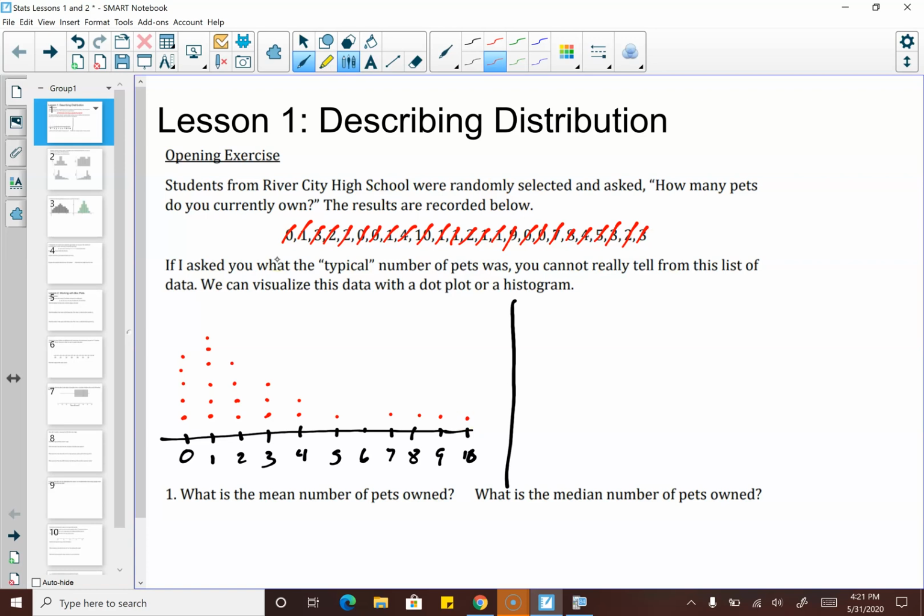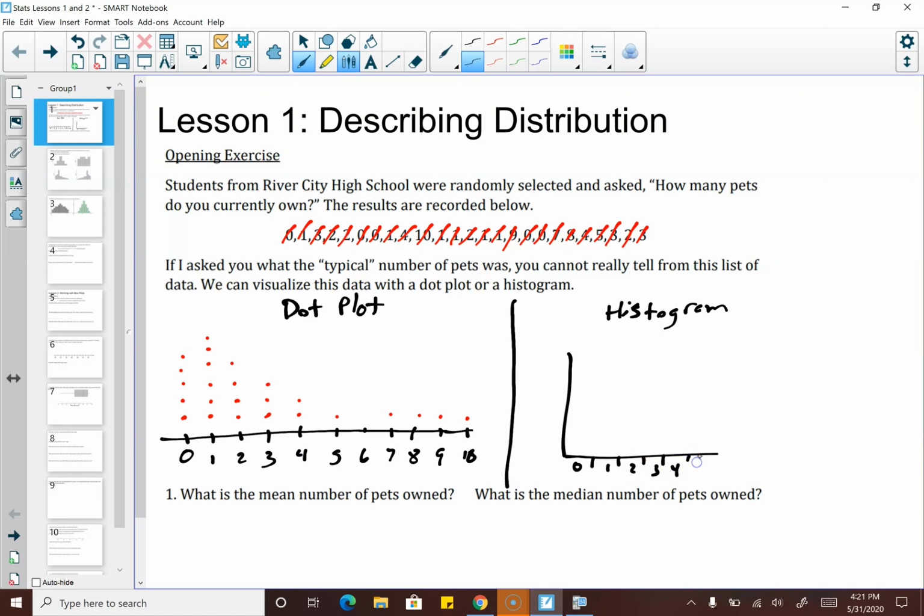Now a histogram, okay, and let's label this actually. So there's our dot plot. And then our histogram is pretty similar in the fact that we need all the same information, but now we separate things into sections here.